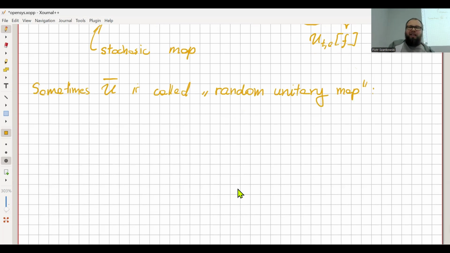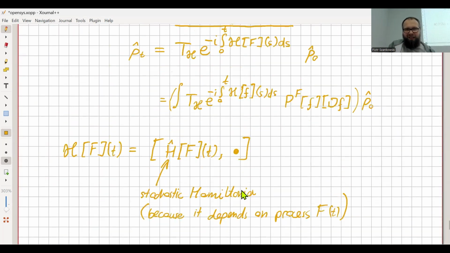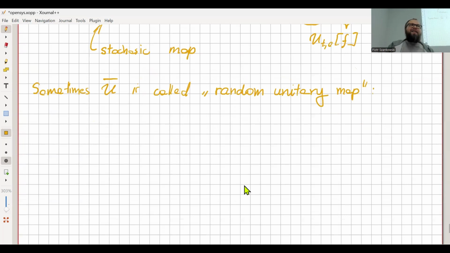All right, but of course the question is, that's the definition, but why? What's the motivation for using this? There are a couple of reasons why you might need this kind of description of dynamics.